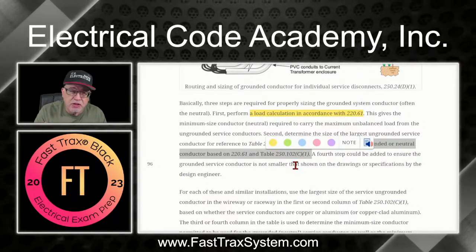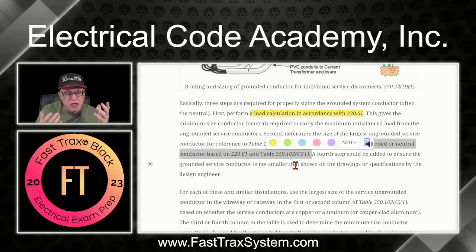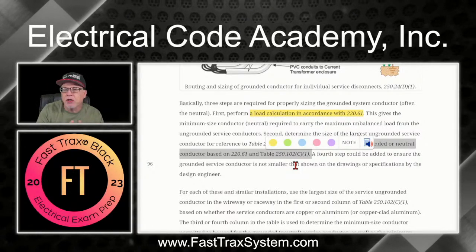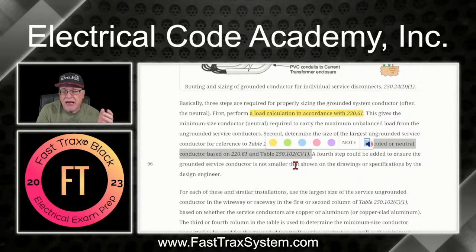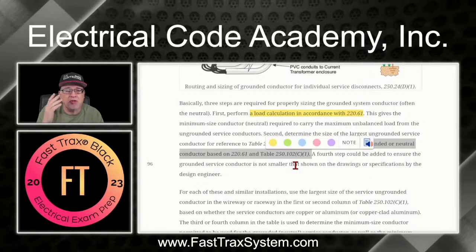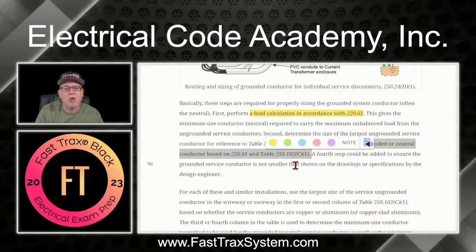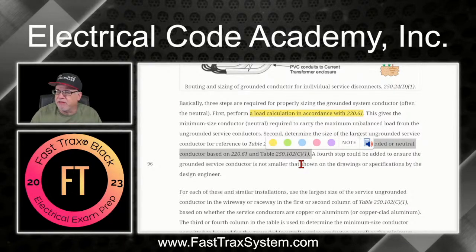Now, between me and you, typically the calculation yields the larger grounded or neutral conductor, but you've got to be careful because it may not. You could do a calculation and then run over to 250.102C1 and go, oh crap, it can't be less than that. So it's important to be aware of that.